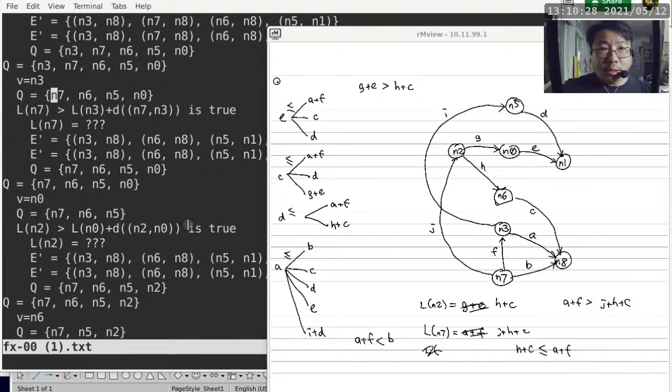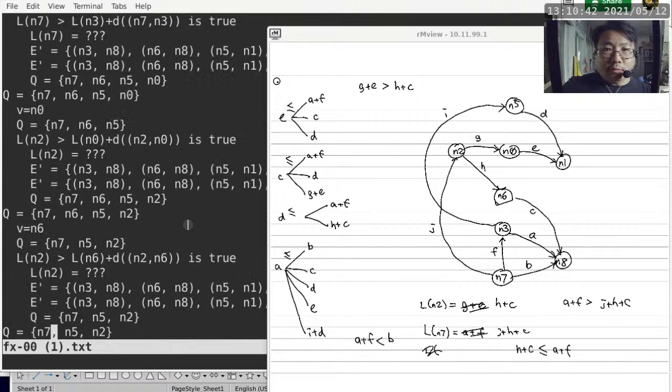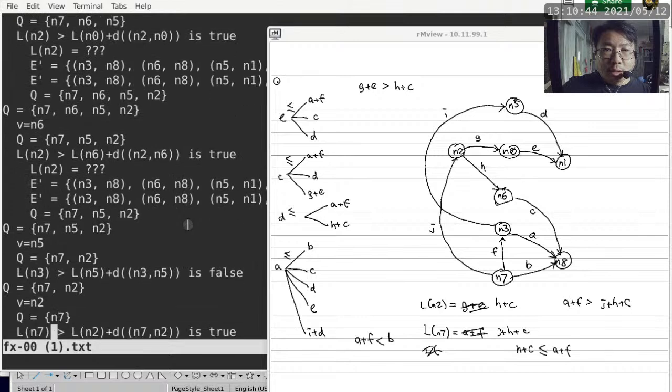I plus D is the. Oh wait, okay, never mind. It had to do with the update of the L value of N3. So at some point we updated the L value of N3 right here. There we go. So Anita, this is how I came to that conclusion.